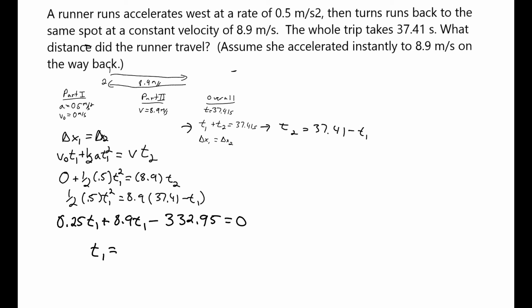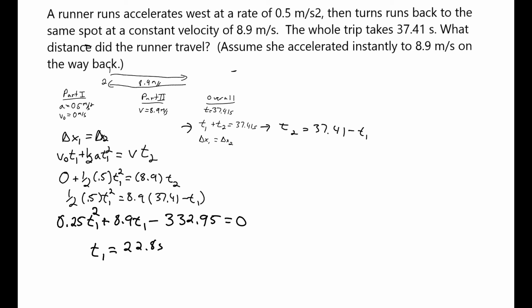Like I said, we forgot this to be squared. And our time, we're only going to use the positive one. So it's 22.8 seconds. So now, using t1, how can we go back and figure out how far she ran?